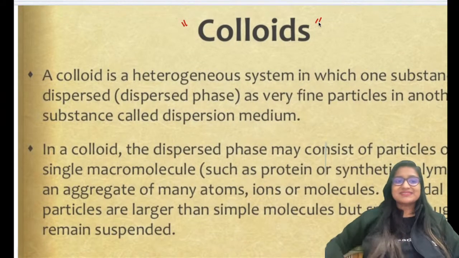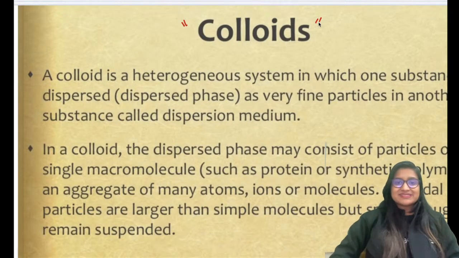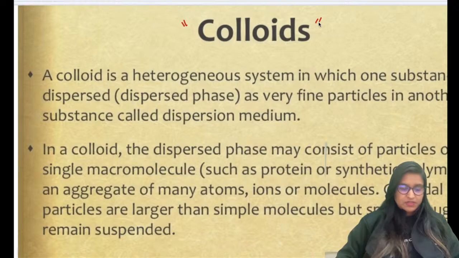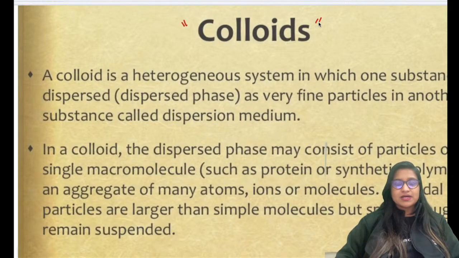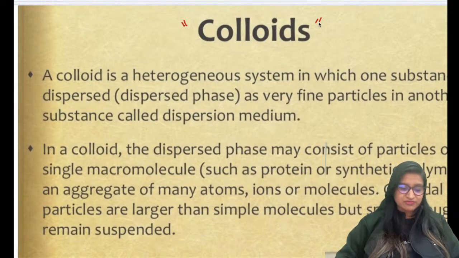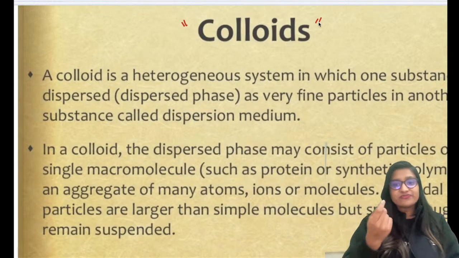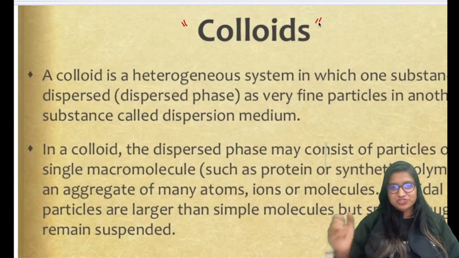Alright, so let's start. So, what is a colloid? You can say, first of all, that it is heterogeneous in nature, in which dispersed phase and dispersed medium are different. Okay, so you can see here that a colloid is a heterogeneous system in which one substance is dispersed as very fine particles in another substance, which is called the dispersion medium.